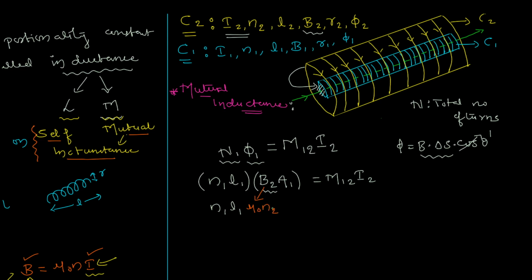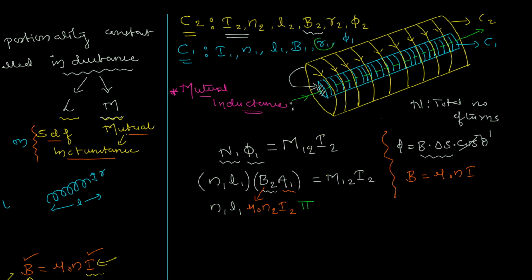First of all, I'll write the expression for the magnetic field here. Due to a solenoid, the magnetic field is mu naught into n into I, right? So I'm trying to write that. So B2 would be mu naught into N2 into I2 times area. Area, I think we can in fact write the expression for area as pi into, what's the radius of the first coil?